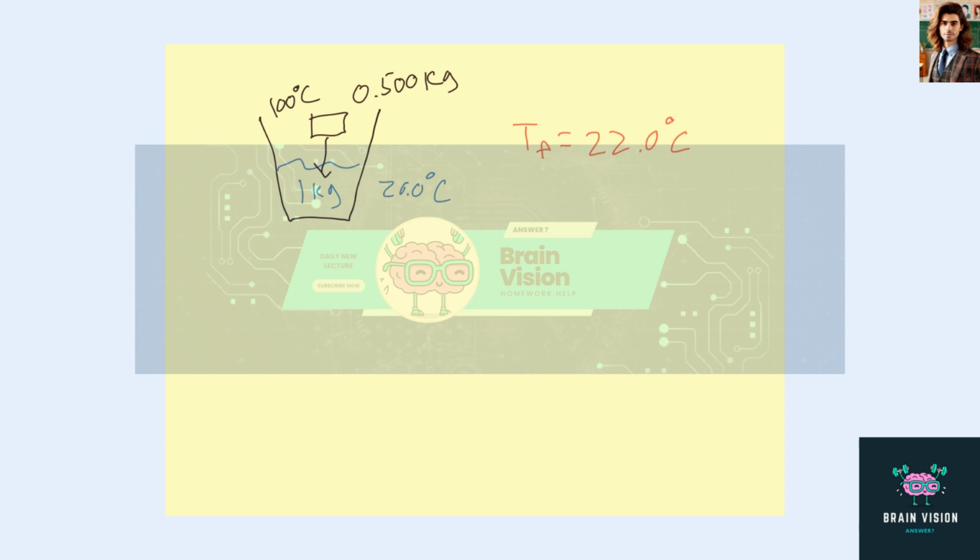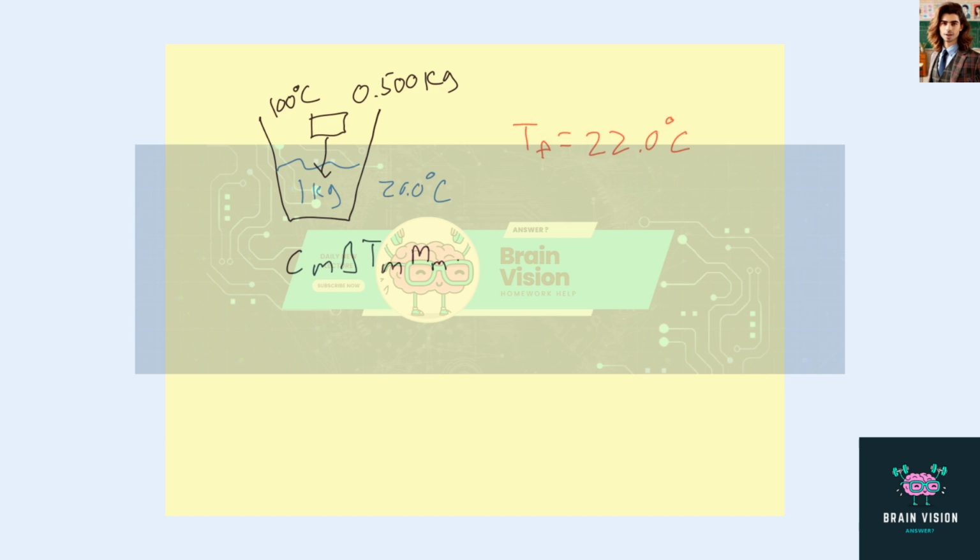This is really just a conservation of energy problem. The heat lost by the material put in should be equal to the heat gained by the water. So we can express that as the heat lost by the material is equal to Cm, specific heat of the material, delta Tm, the change in temperature of the material, times mm, the mass of the material.